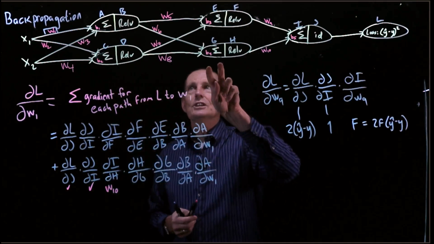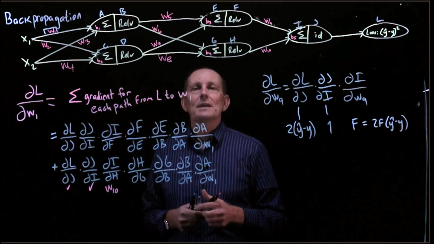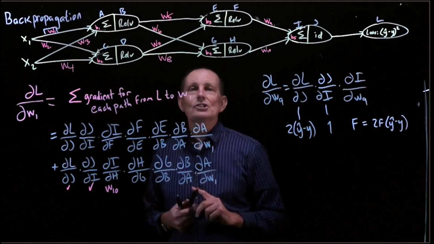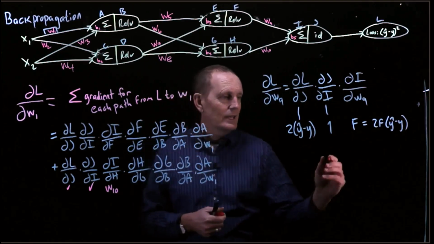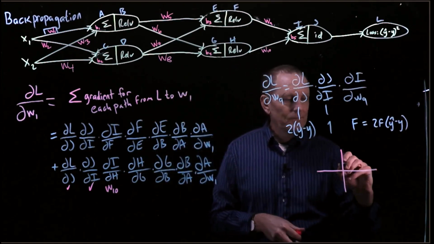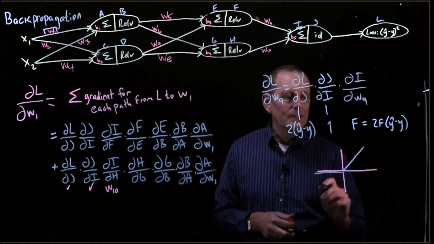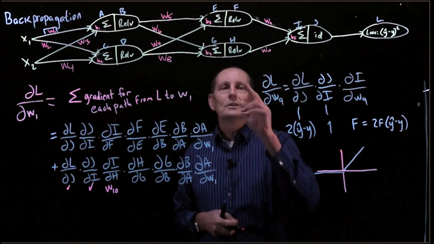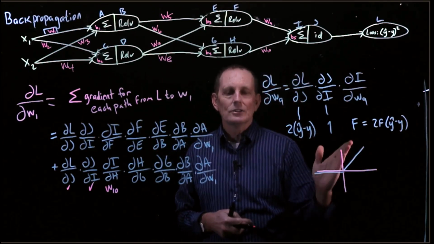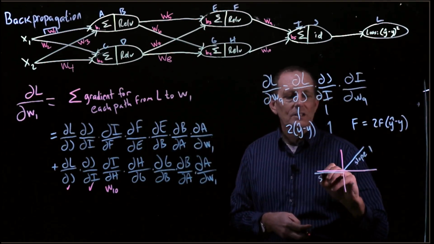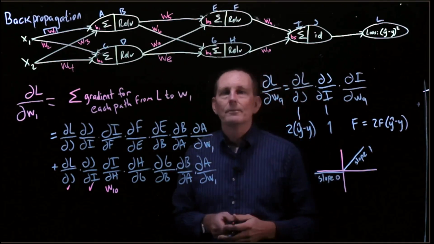What about from H to G? Well, that depends. It depends on whether the output of G is positive or negative. Again, the ReLU looks like a kinked line, like this. So if the input to ReLU is positive, the slope is 1, whereas if the input is negative, the slope is 0.